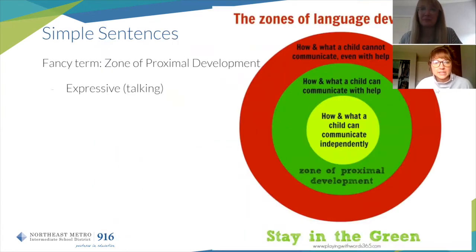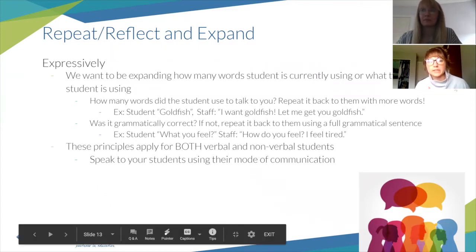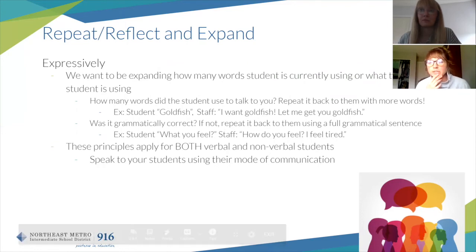So again, continuing to talk about that zone of proximal development, just thinking of more of that expressive side of things. So what the student is producing or expressing. It's a similar idea of how we want to take what they are doing and then simply expand on that. So thinking about what words the student's currently using or what types of words a student is using.